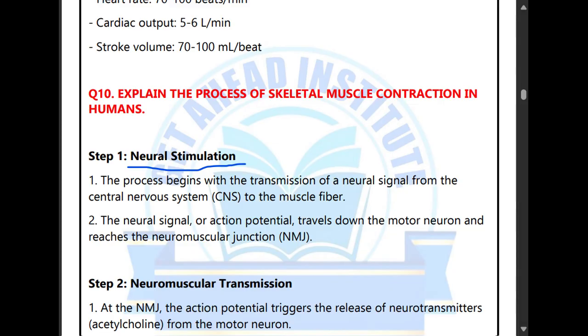Then the neural signal, or the action potential, travels down the motor neuron and reaches the neuromuscular junction. We've explained that in the previous question, so we already know how the action potential travels. You connect that same knowledge. Are we together?